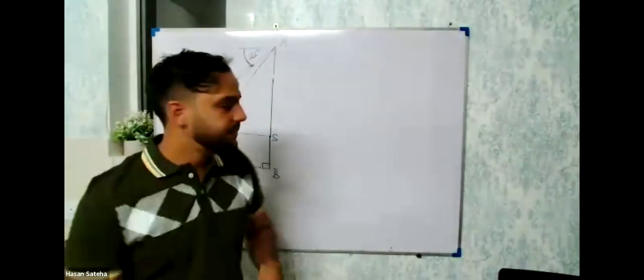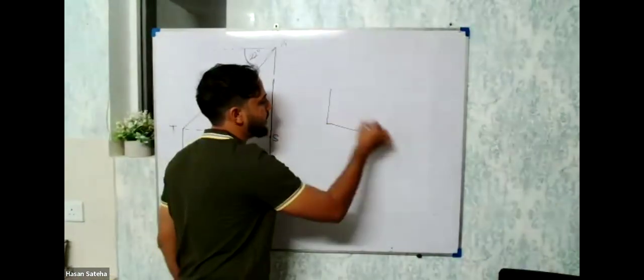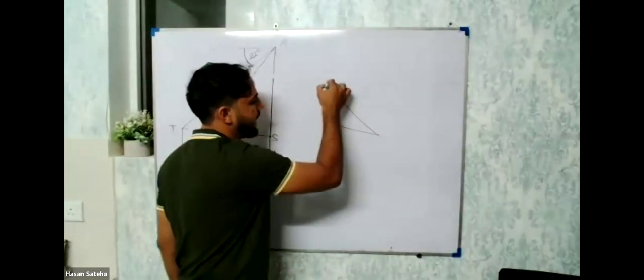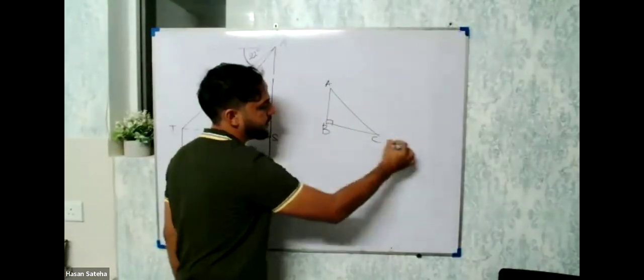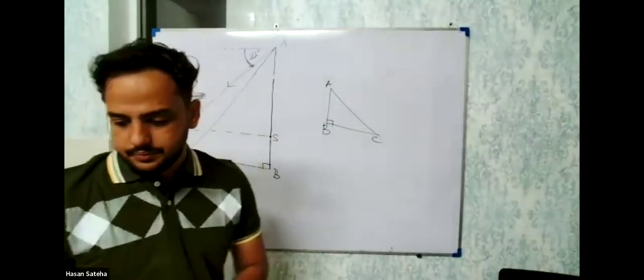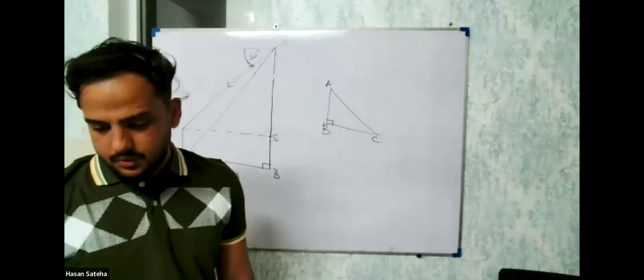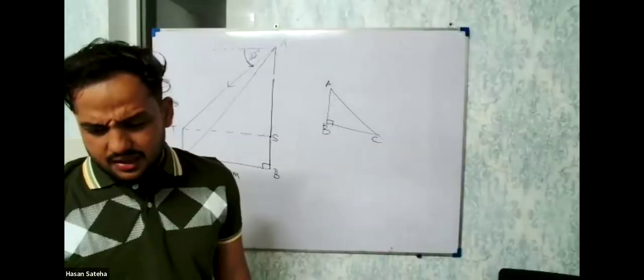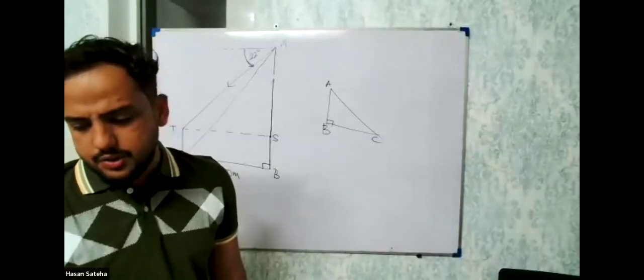You know Pythagoras theorem. You have a right angle triangle A, B, C. What is Pythagoras theorem, everyone? Quickly tell using ABC. A square plus B square equals C square. We always relate sides to Pythagoras.